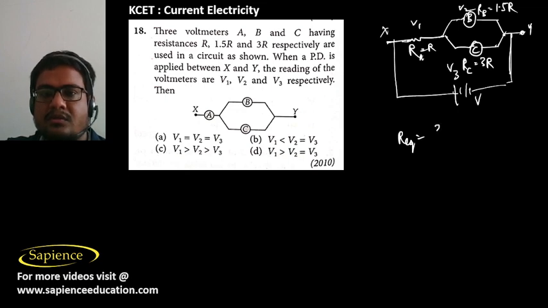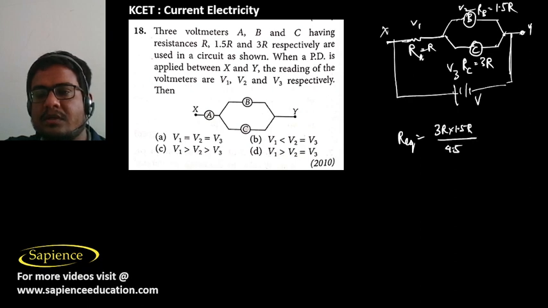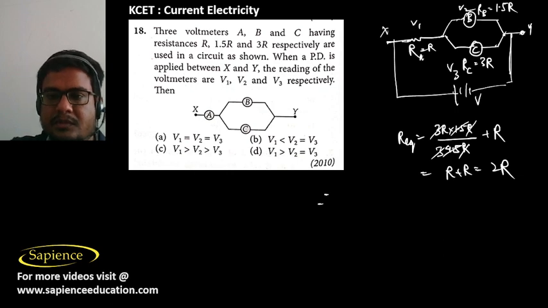Therefore, their equivalent is 3 R into 1.5 R by 4.5 R. Then with that R is connected in series, therefore we have to add that. This will be R will cancel, 15 3s are 45, then 3 cancel, so R plus R, that is equal to 2R.